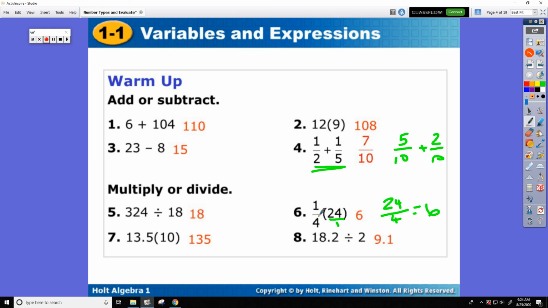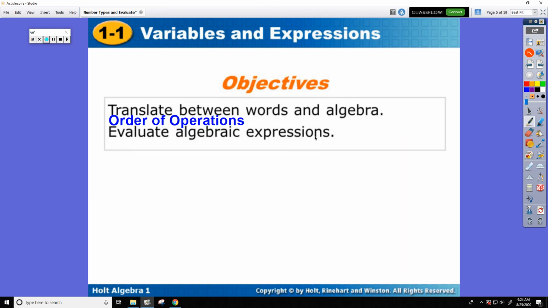You could also think the 4 is in the bottom, so it's division. So 24 divided by 4 is 6. 6 times 1 is 6. Decimals, you could divide. You could think of this as 182 divided by 2. That's 91. But what's different is I have this decimal right here, so you need a decimal with 1 place there. You could also use a calculator, always, okay? Not the math app, but the calculator.